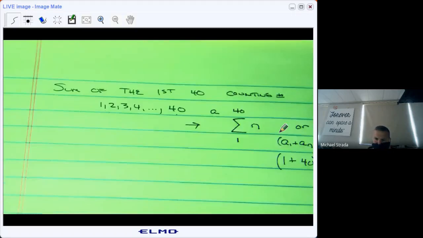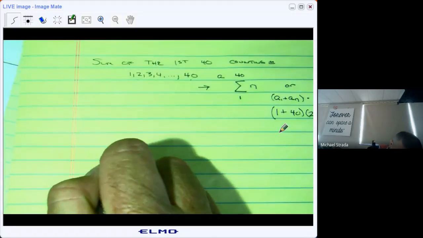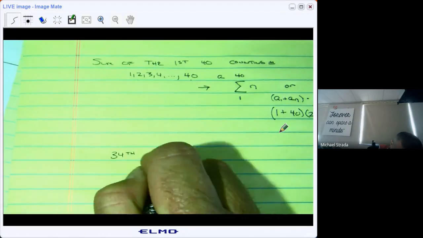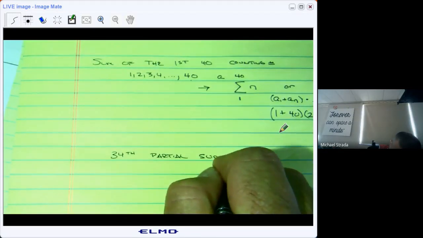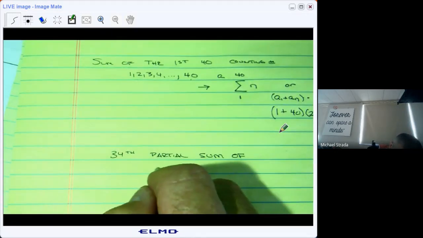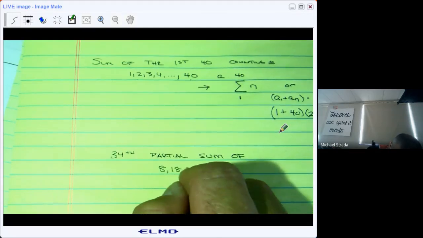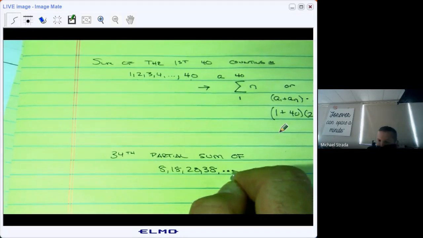And then the last problem is they're going to ask you to find something like the 34th partial sum of, I don't know, 8, 18, 28, 38, and so on.